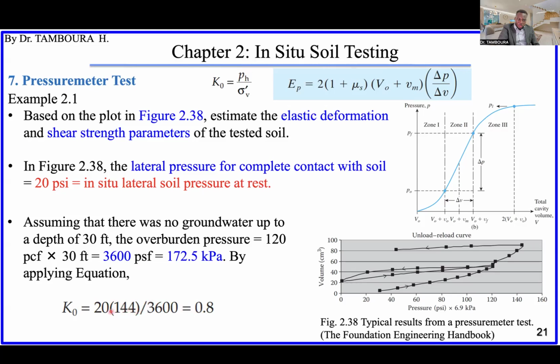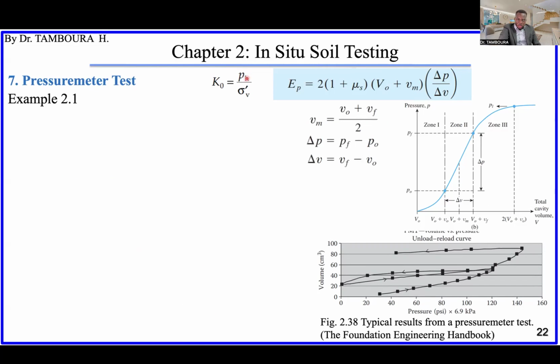The unit is not kilopascal here. In kilopascal, this one is maybe in kilopascal. Okay, the one in brackets. Anyway, you can obtain the K naught here, which is the ratio between sigma H and sigma V. Next, I will put back this here. We will try to estimate this one, the pressure meter modulus.